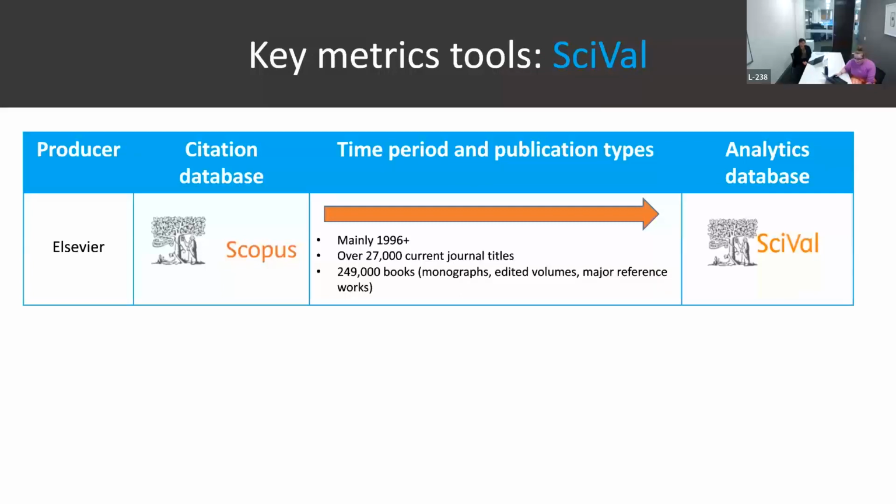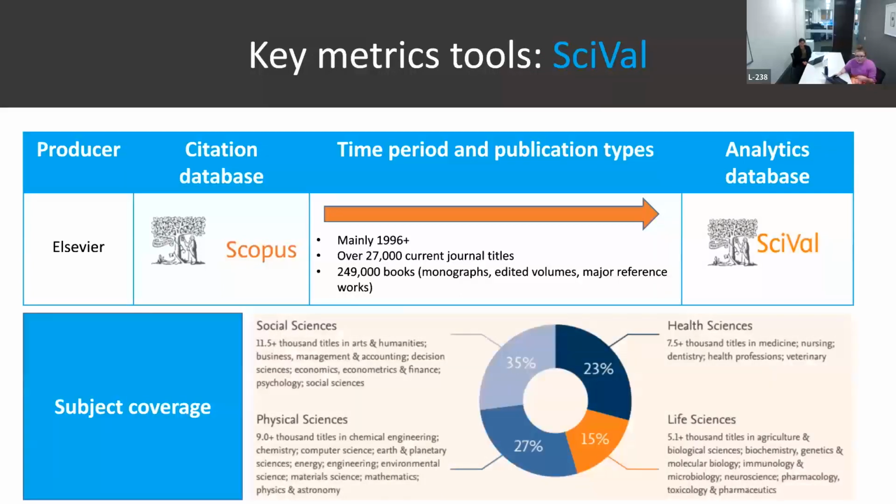So one of the databases that we'll be giving a demo in today is SciVal. SciVal is the database that is connected to your academic dashboard. It's a metrics database that provides data from the Scopus database. So it's important to remember that articles and research need to be indexed in Scopus to be included in SciVal.